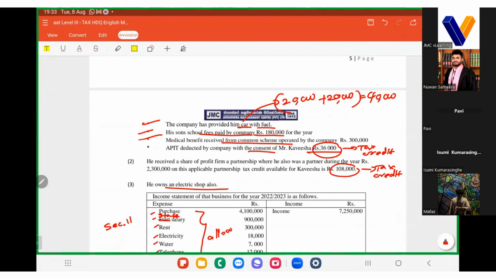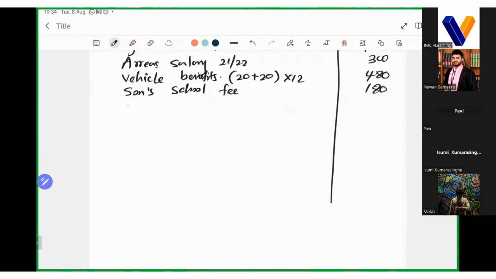That means the company has a common policy for medical bill reimbursement. So if all employees are treated equally, the medical expense reimbursement under that equal policy is not included in the employment income.